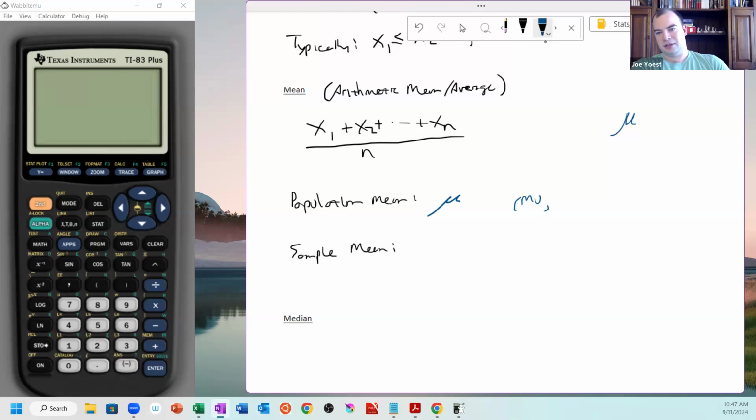This is what mu would look like. It has a tail that goes down below the baseline, the bottom line of your writing, kind of like a P or a Q. And it's the Greek letter M.